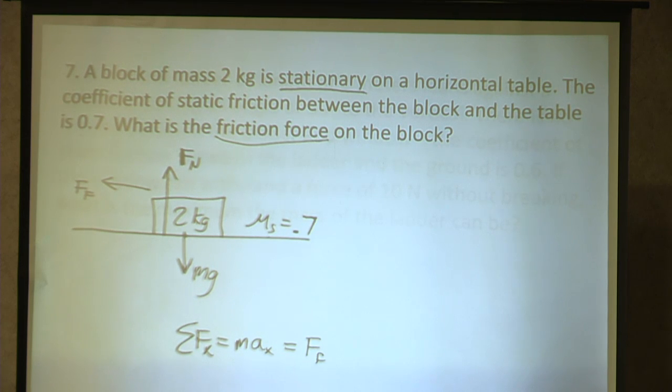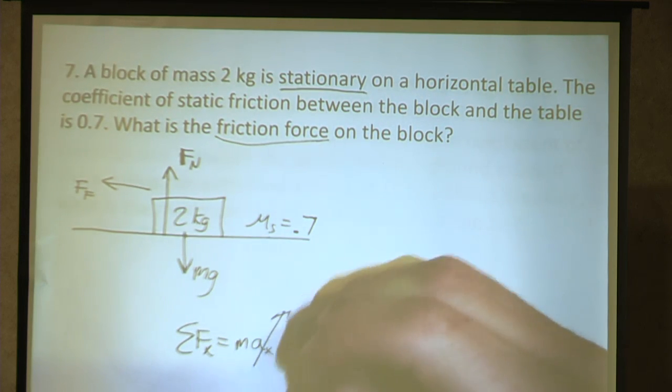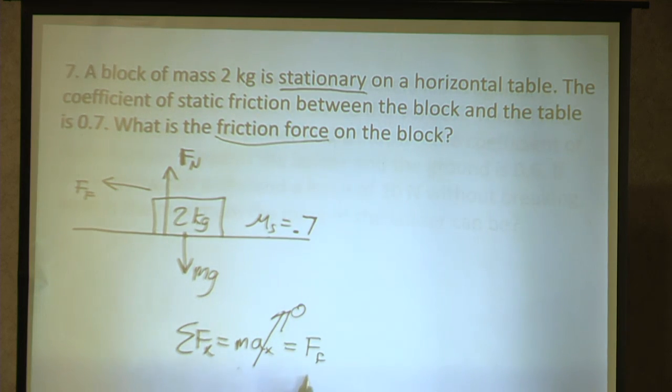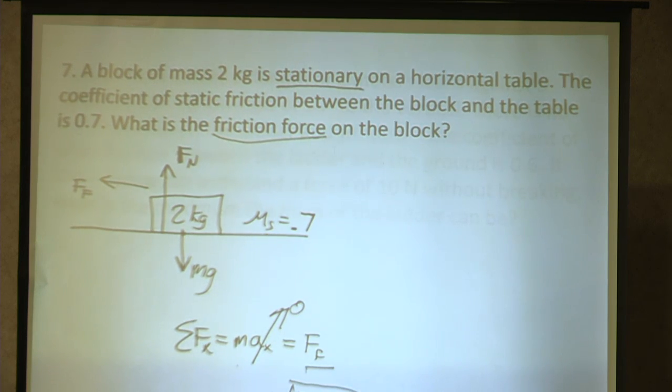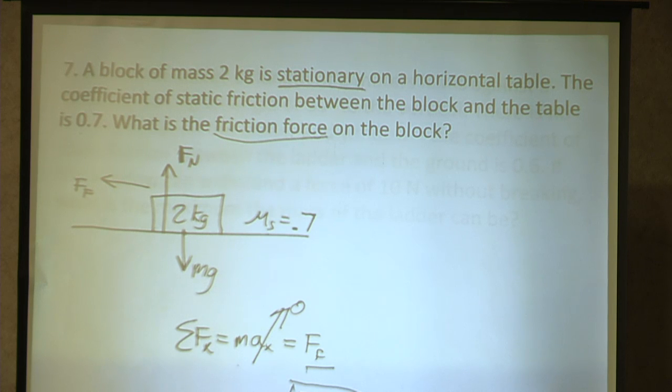There is no acceleration in the x, and no acceleration in the y. Both accelerations are 0. So the acceleration in the x is 0, and that means the force of friction is also 0. Does everyone see how I got that?